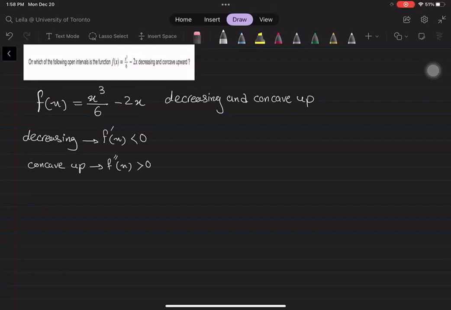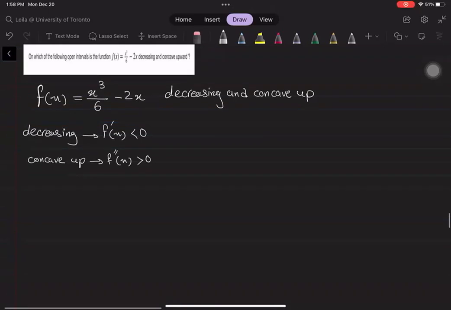Okay, so for this question, it's saying it wants the function to be decreasing and concave up. So decreasing is when your first derivative is smaller than 0, and concave up is when your second derivative is greater than 0. So first you find f prime of x, which is 3x squared over 6 minus 2.